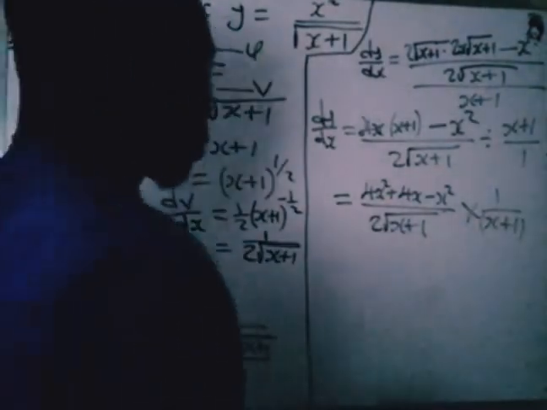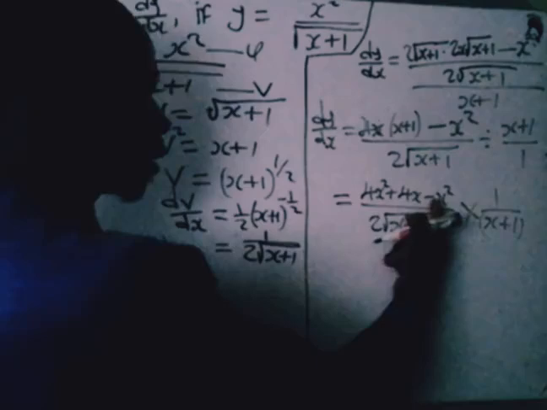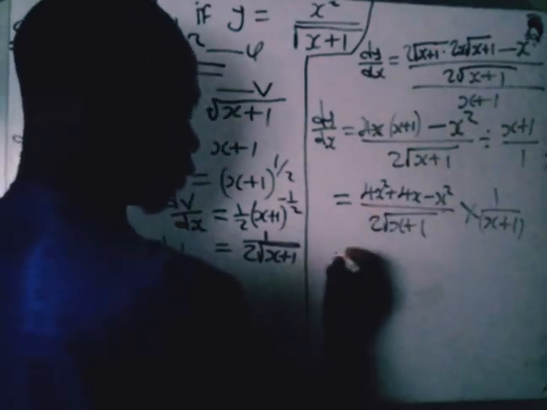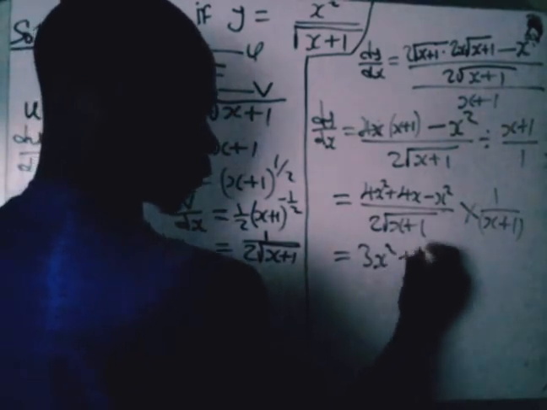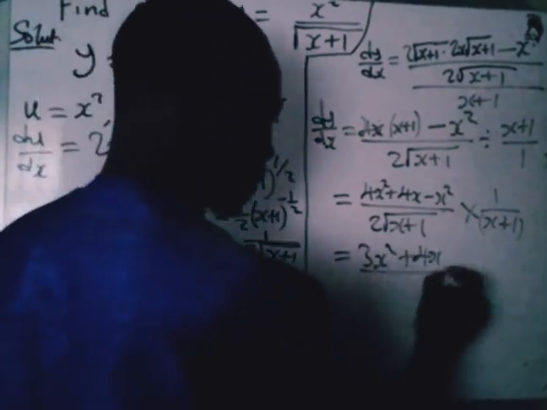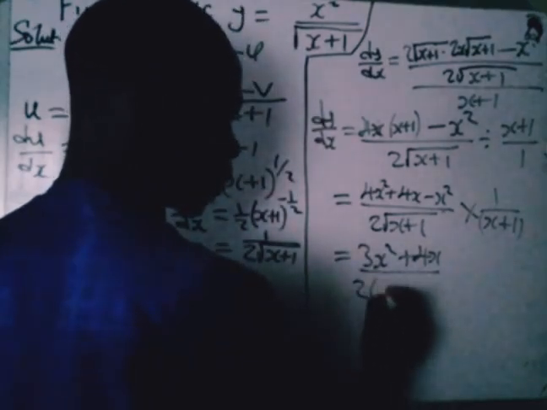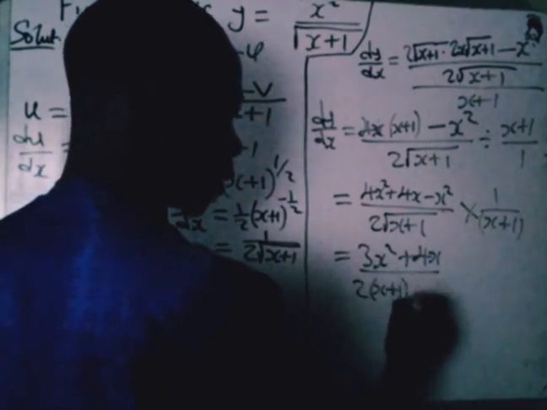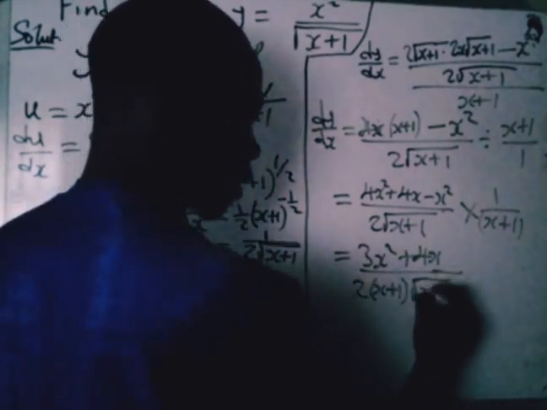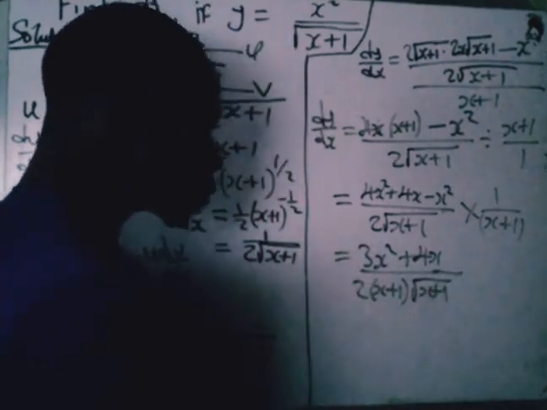So by implication, we can subtract this minus this, which will give us 3x squared plus 4x divided by 2 open bracket x plus 1 and then the square root of x plus 1.